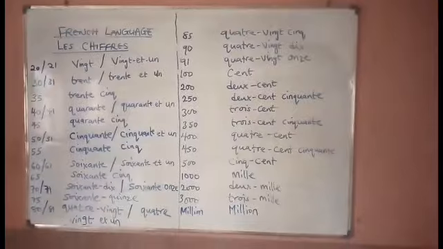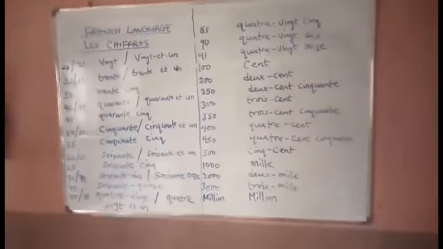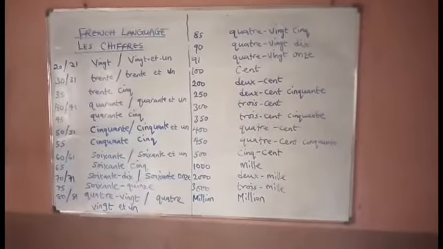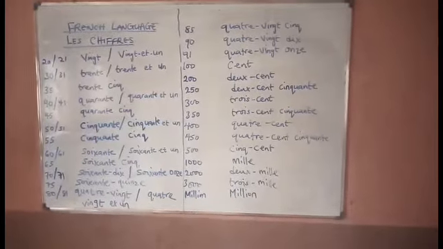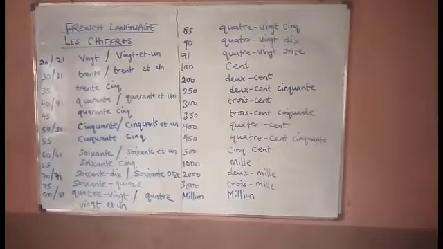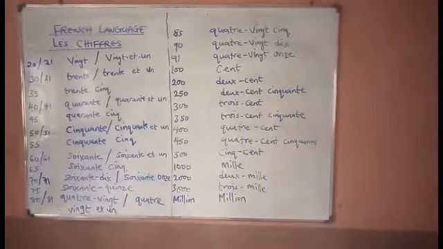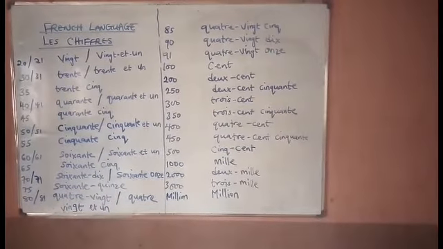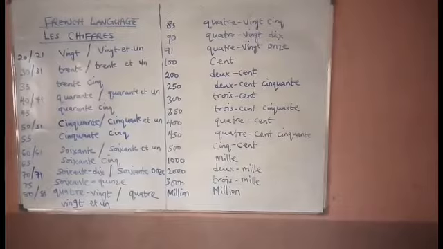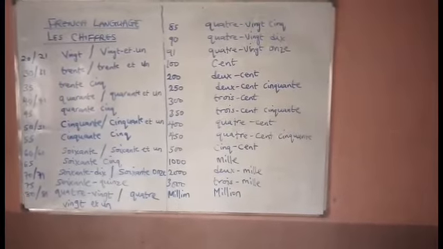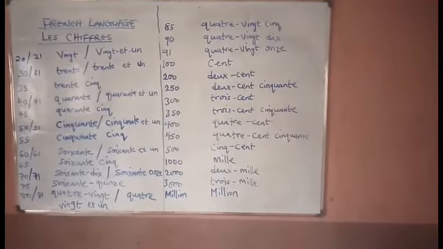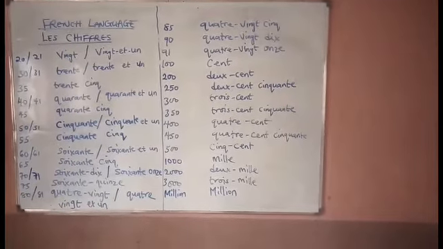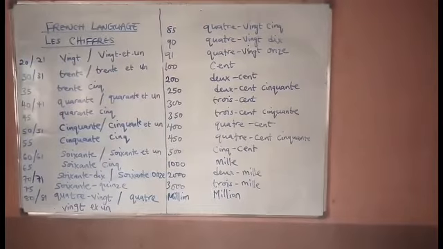From 20, we have 30, 40, 50, 60, 70, 80, 90, 100 is cent, 200, deux cents, till 500, and 1,000 you have mille, and till million where you have 1,000,000.